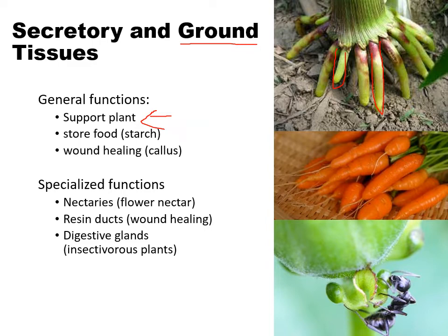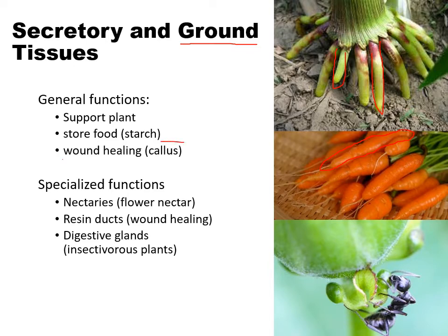They're like little braces. There's also tissues for starch. Remember, I introduced the idea of parenchyma at the beginning, but there are also structures like tubers, or in this case with a carrot, a modified root, for storing starch.